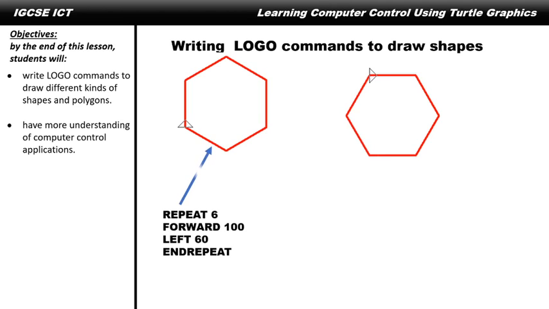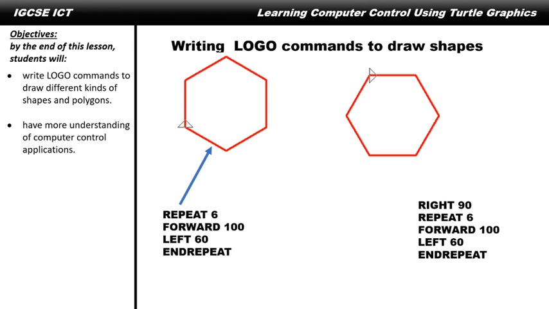So we saw how we use the repeat command to draw these two hexagons. Repeat 6, we calculate the exterior angle by using 360 to divide the number of sides. That will give us the exterior angle.